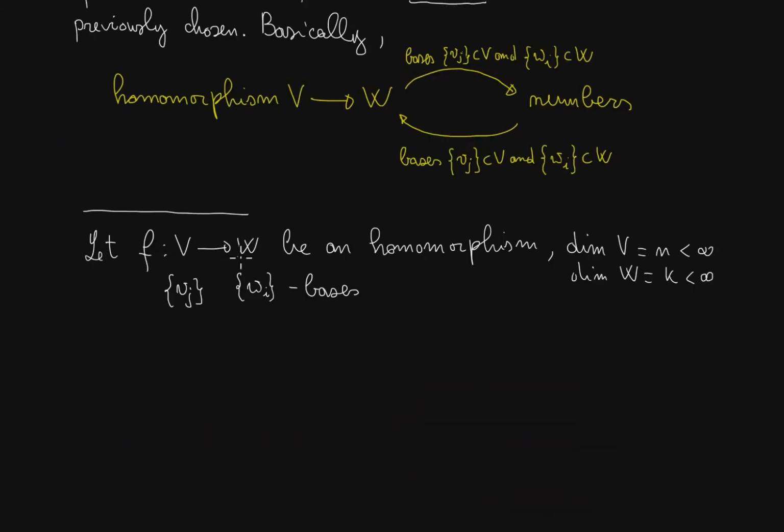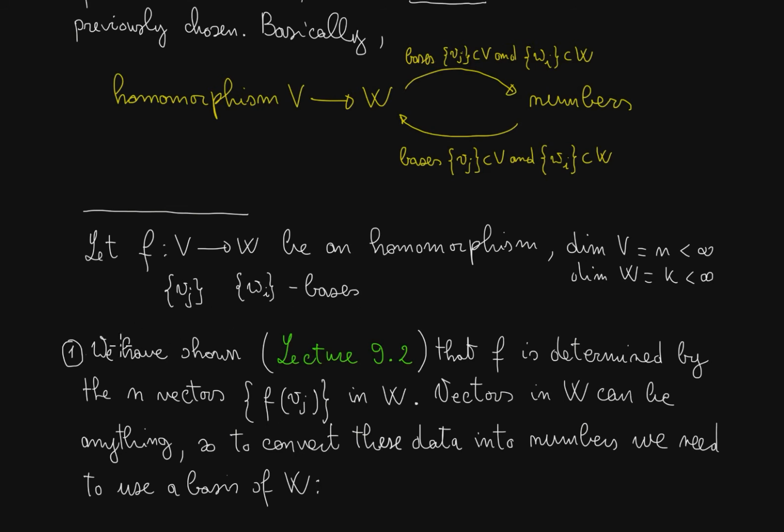Let f be a homomorphism, the dimension of the domain be finite, n, and the dimension of the codomain be finite, k. Fix two bases, one in the domain, V_j, and another one in the codomain, W_i. Point 1.